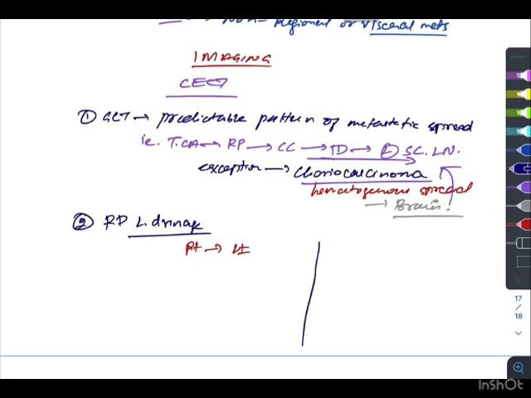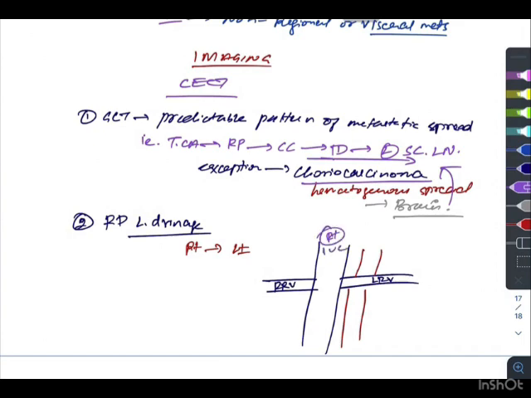Let's consider this is the IVC. This is the right renal vein. This is the left renal vein, and this is the aorta, which lies behind the left renal vein. On the right side is the IVC, and on the left side is the aorta.